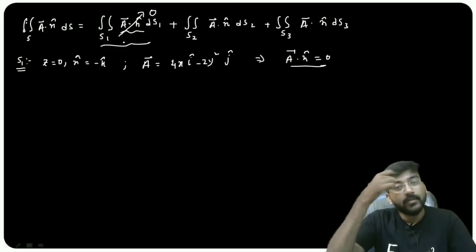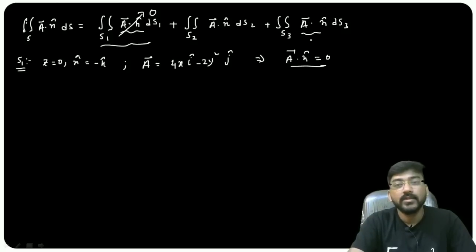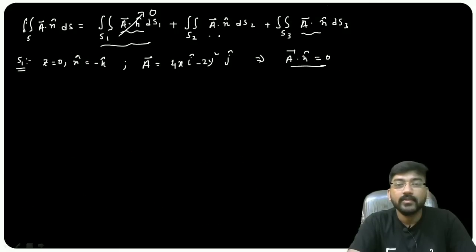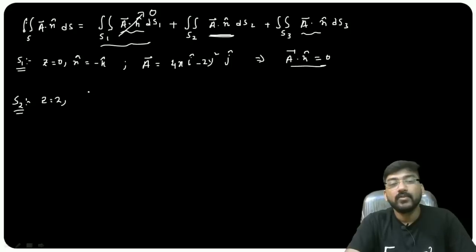Okay, now let me see this integration. This is also easy because z is equal to 3. I have taken this as S2 actually. If you see, our S2 is z is equal to 3. Okay, and for this surface, what will be your n cap?